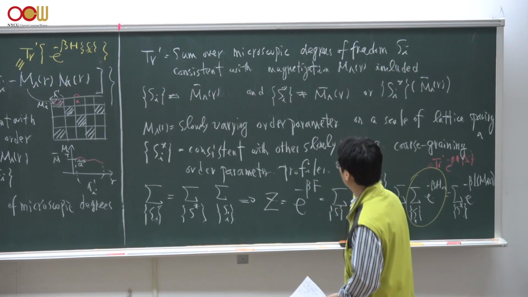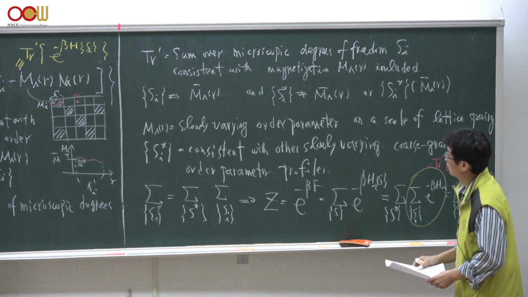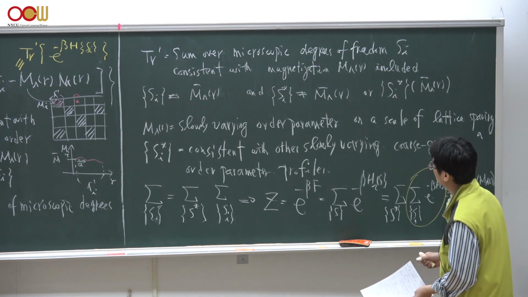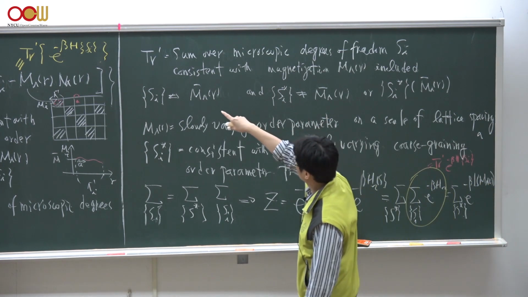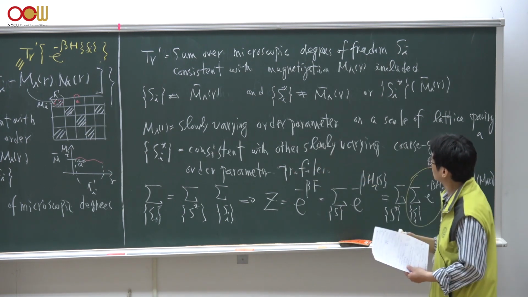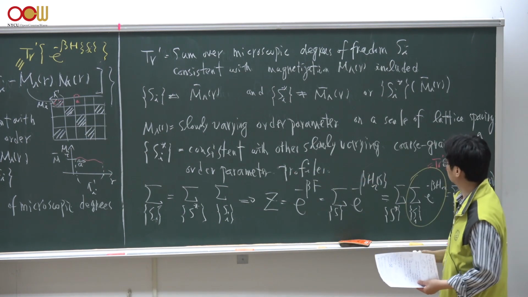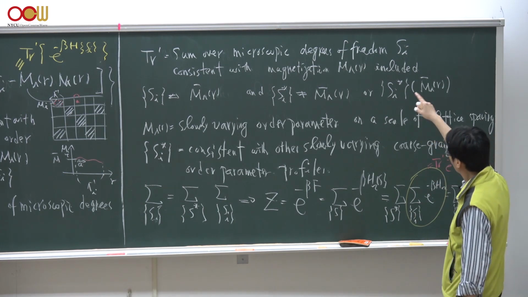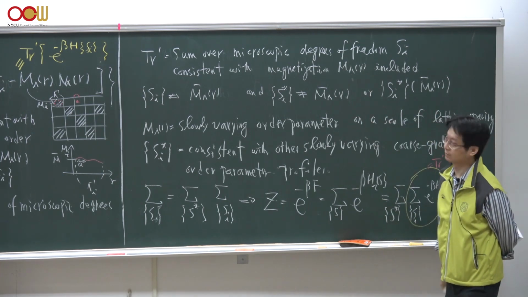All right? But let's look into the definition of the partial trace once more. As I mentioned, this trace prime denotes the summation over microscopic degrees of freedom that is consistent with the magnetization within the block spin n.